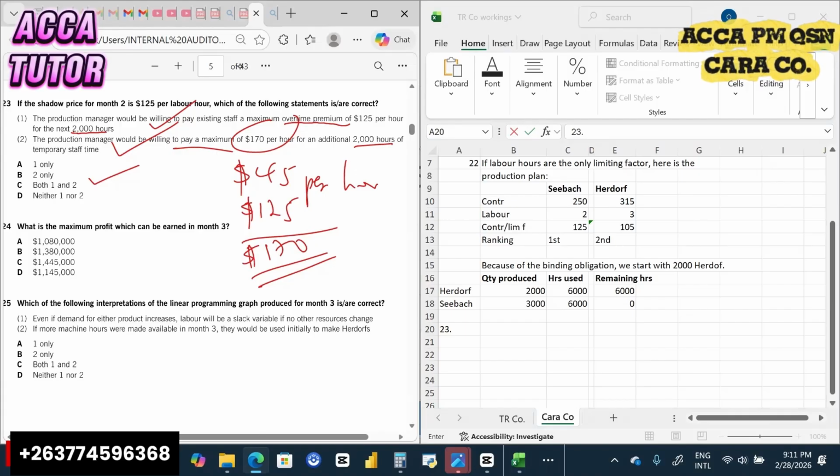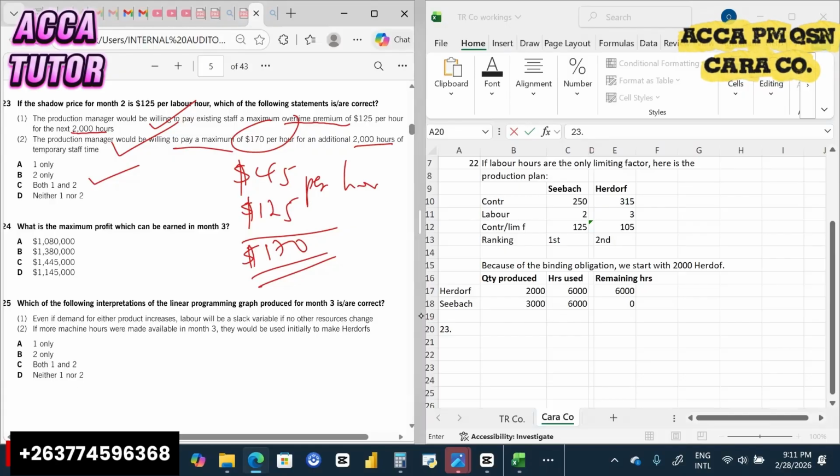You just have to know that a shadow price is an extra contribution you are going to earn if a unit of a scarce resource is added, or the extra payment or premium you are going to pay should you acquire an additional unit of the scarce resource.